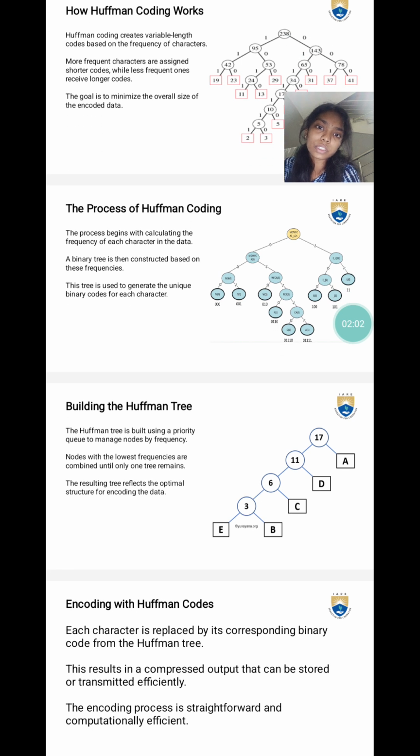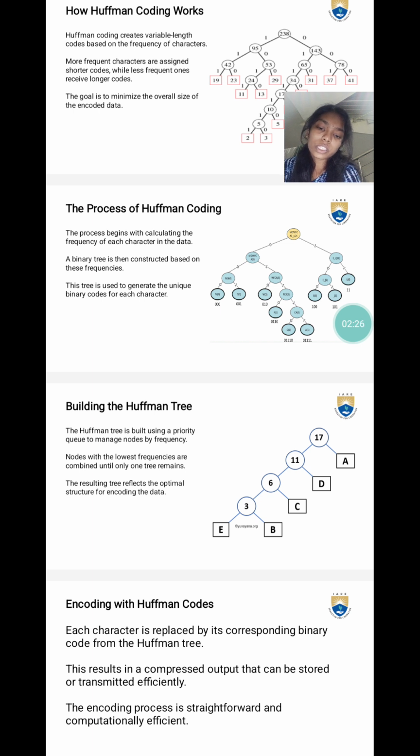The process begins with calculating the frequency of each character in the data. Now we have to see the frequency in the data. For example, when we use one number 133, firstly we have to see the data frequency.